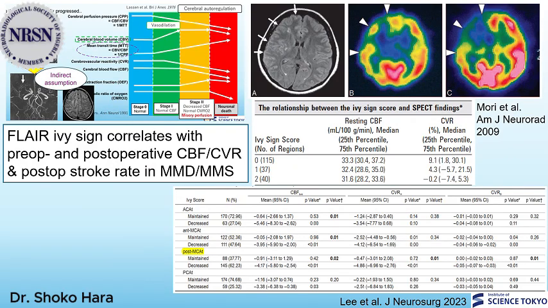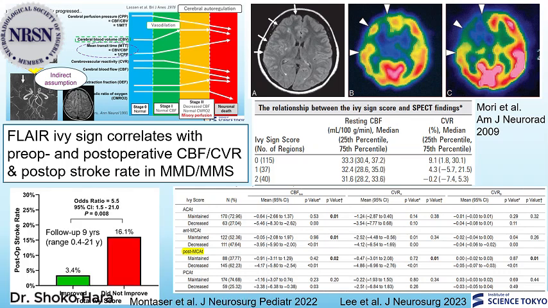Many studies have shown that the FLAIR IV sign in moyamoya disease or syndrome correlates well with preoperative and postoperative hemodynamic parameters such as CBF and CVR measured with SPECT. Moreover, one study demonstrated that pediatric patients who show no improvement in IV signs after revascularization surgery have a higher risk of stroke during follow-up compared with those who do not show improvement.